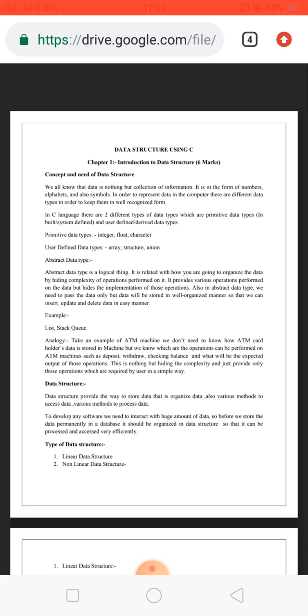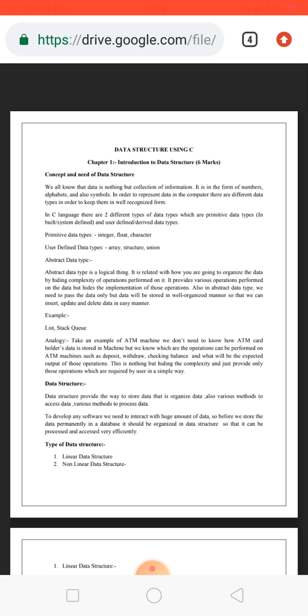The complexity, meaning how that data is going to be stored and how that particular operation is going to perform, is hidden from the user. The user only needs to know what operations are available to process that data. The user does not need to know how that operation is going to perform.